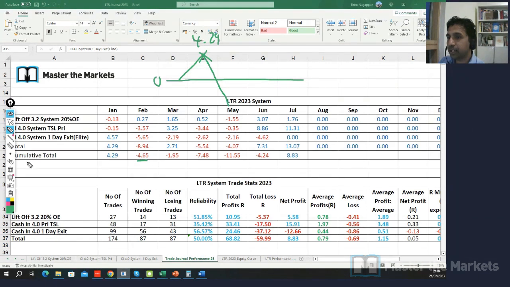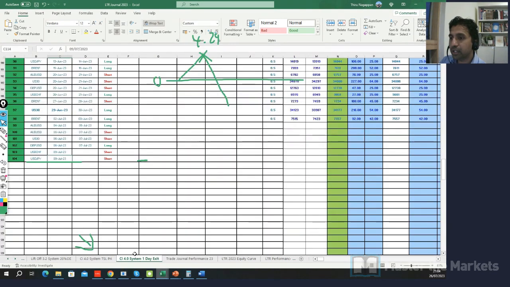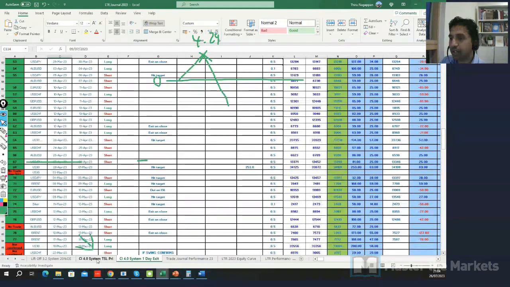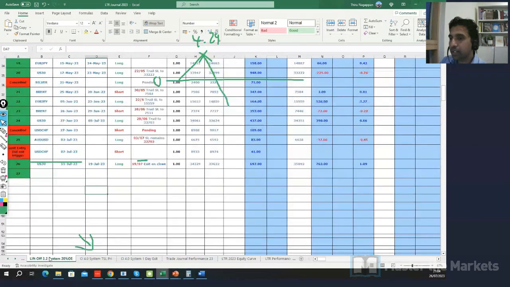It's cumulative I'm taking a look at, based on all these three strategies, 20% OUTSL primary and 1 day exit, which is all recorded in each of the tabs over here. Every single trade transparently, right? Now let me just bring that back. Okay, everything transparently. So you can see one day exit, every single trade is logged in, all the wins, all the profits, and same thing over here, right?